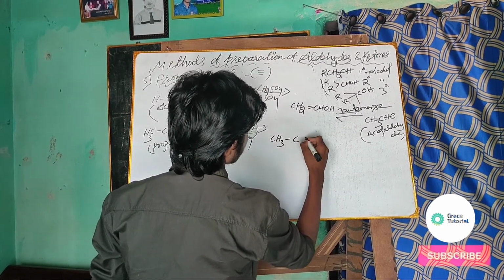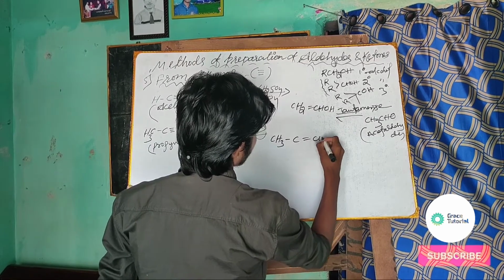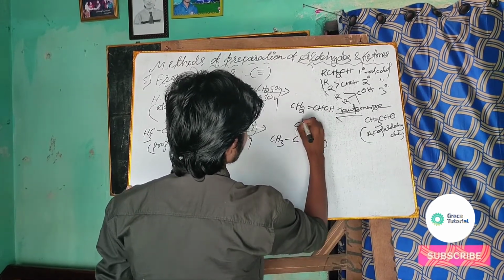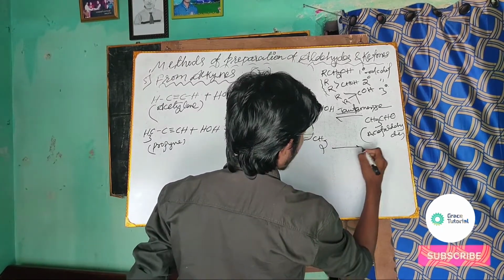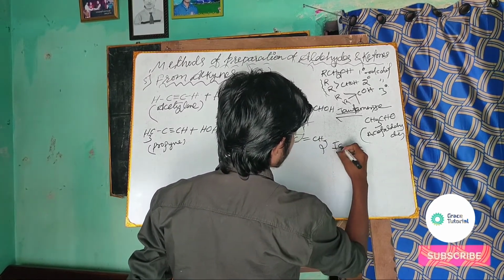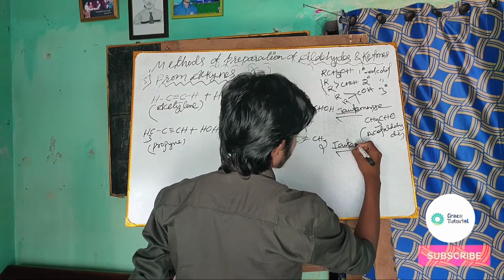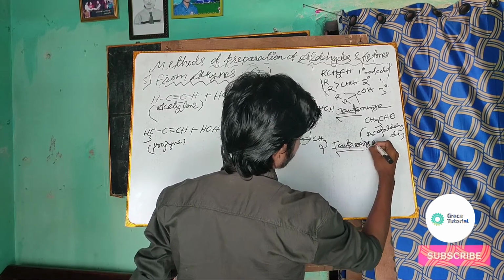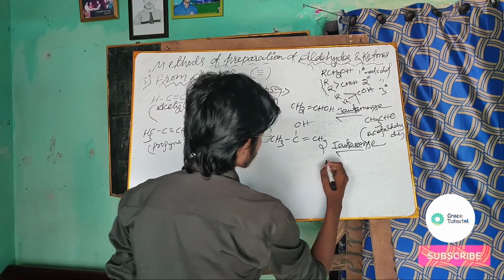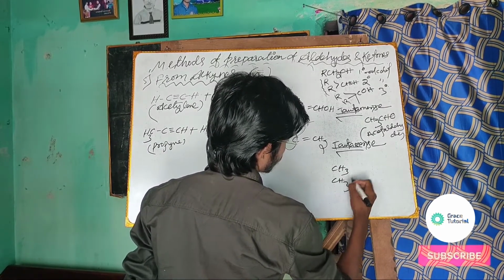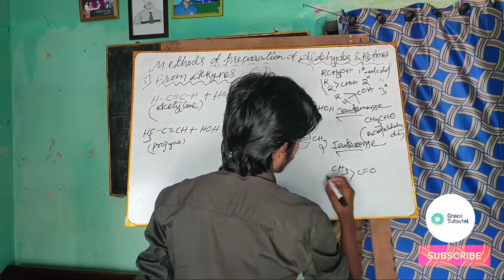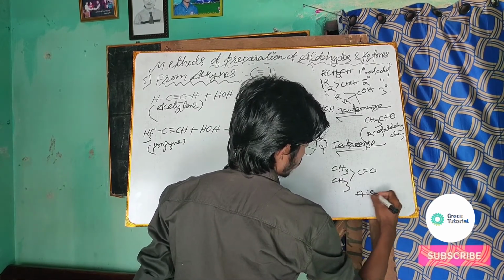CH3-C(OH)=CH2. So first of all the alcohol is obtained, and on tautomerization, it gives CH3-C(=O)-CH3. This is acetone.